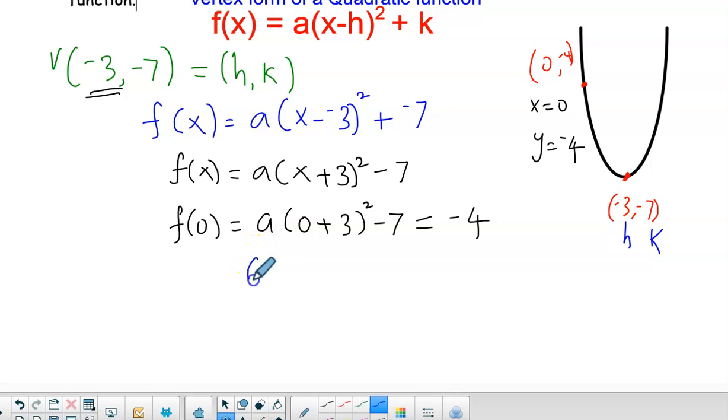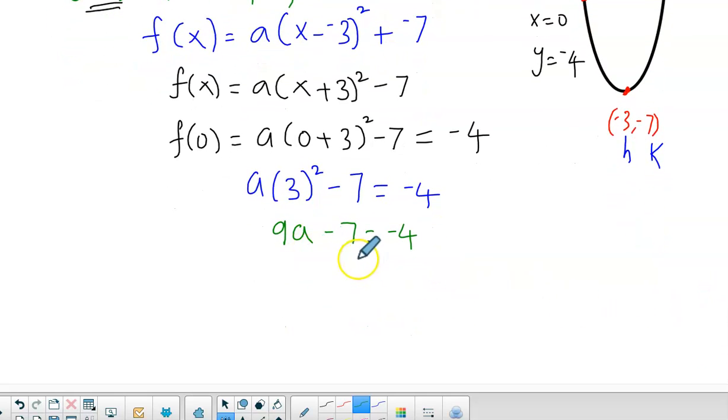So this becomes a times 3 squared minus 7 equal to -4. 3 squared is 9, so 9a - 7 = -4.